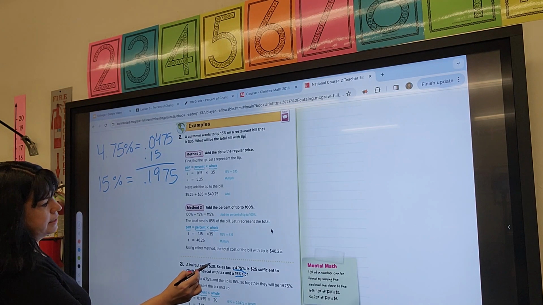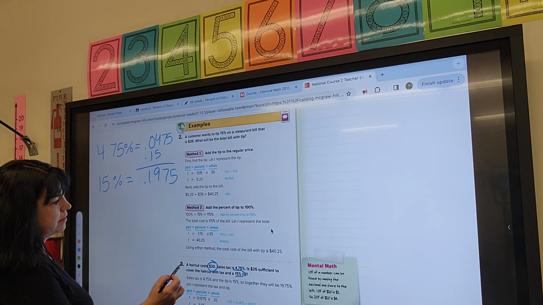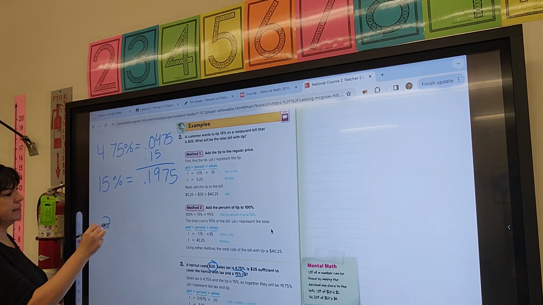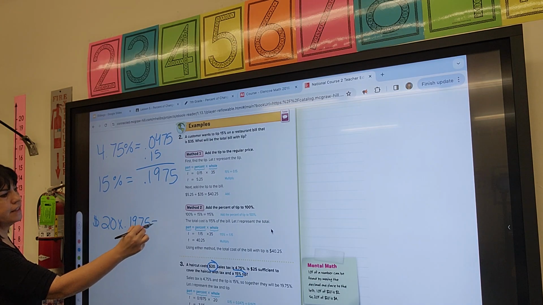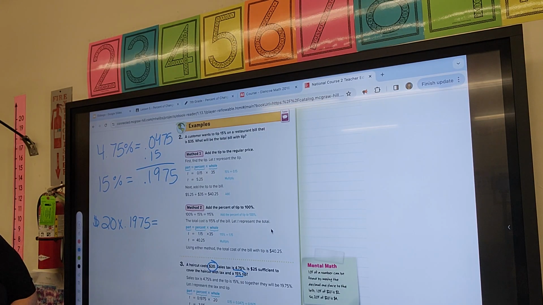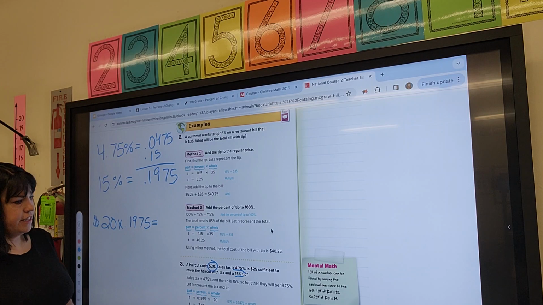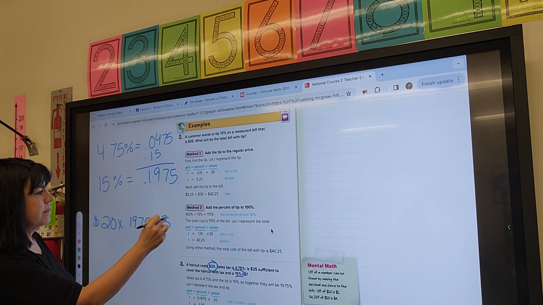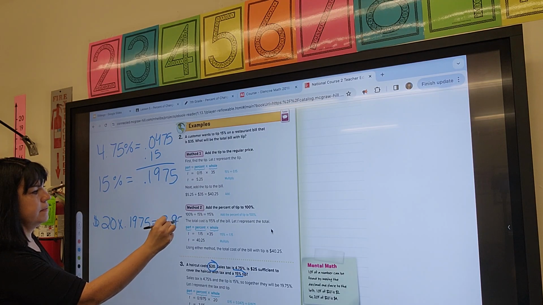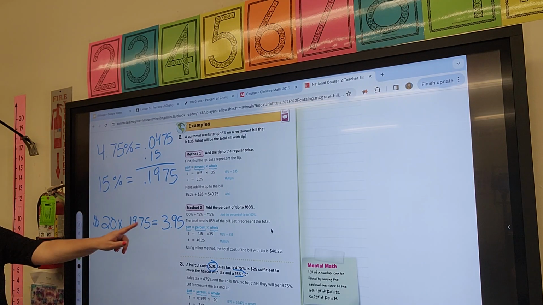Our total was $20. So we do $20 times 0.1975, and that equals 3.95. So $3.95 is our tax and our tip.